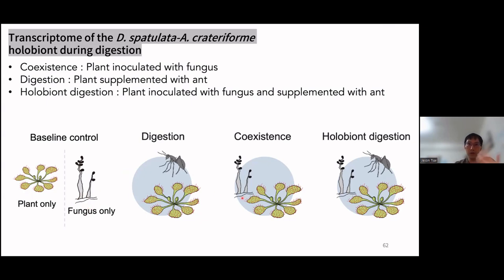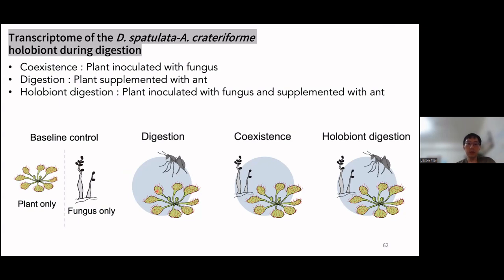First, we have the coexistence condition, where Drosera is inoculated with fungus, but without any ant prey. This setup allows us to examine the interaction between the plant and fungus. Second, we explore the digestion condition, where Drosera or fungus alone are provided with ant prey, but without the presence of either partner.